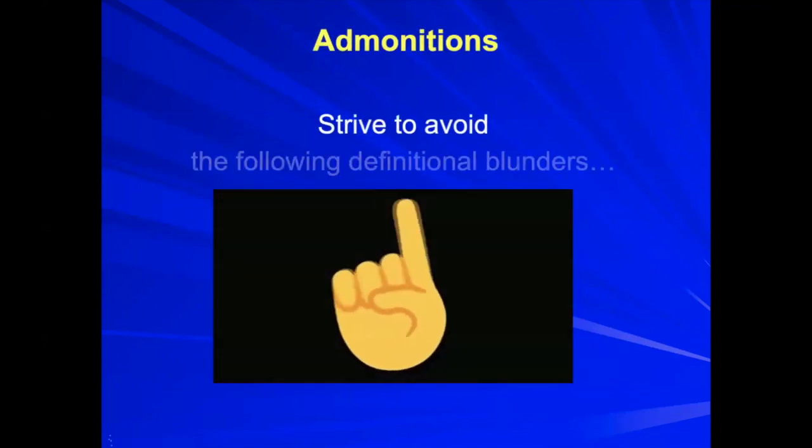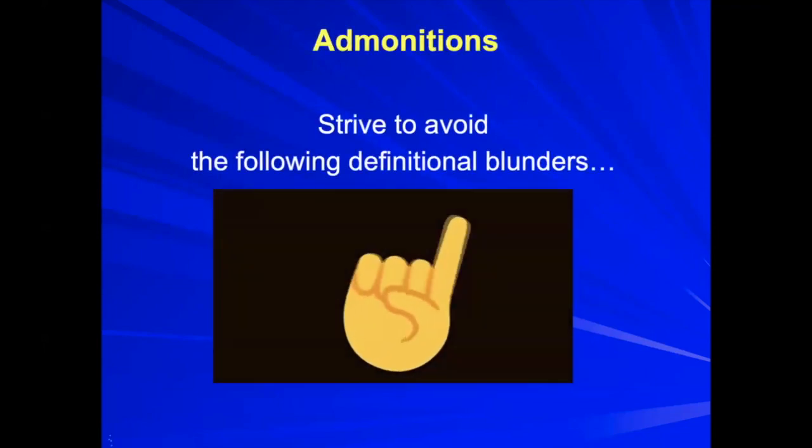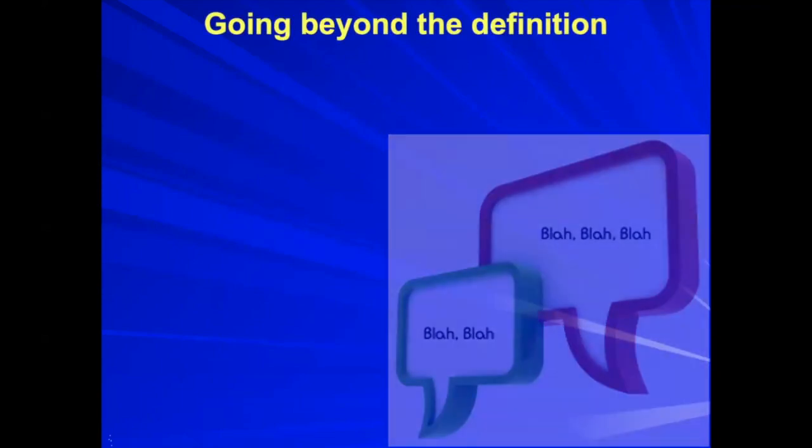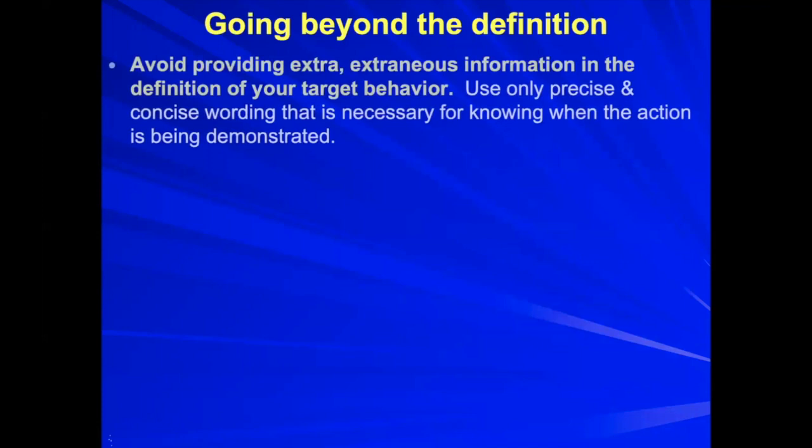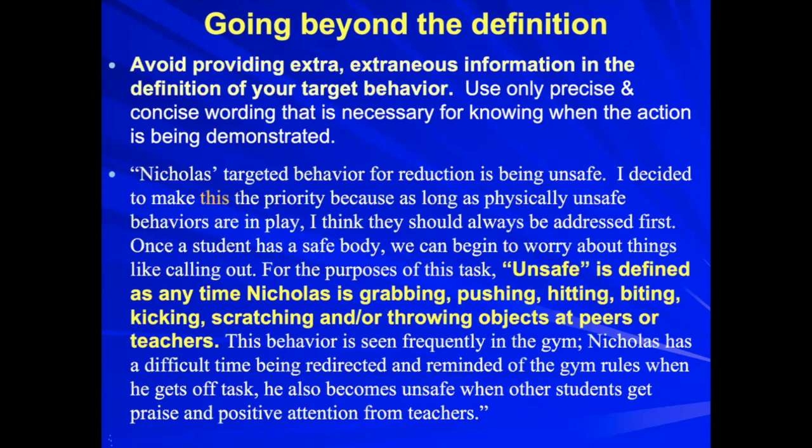Some things we have to make certain we don't do when we're devising a definition is going beyond that one or two sentence, succinctly worded definition. Here's an example from a previous semester. As I was reading it, I said, whoa, this is akin to one of those Where's Waldo cartoons.